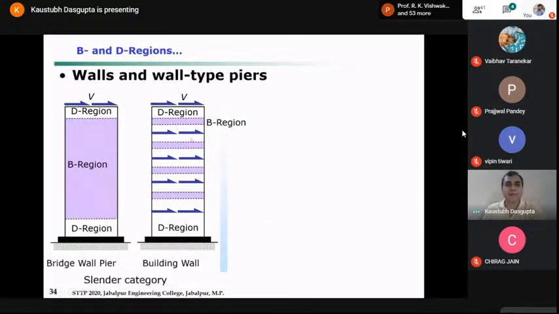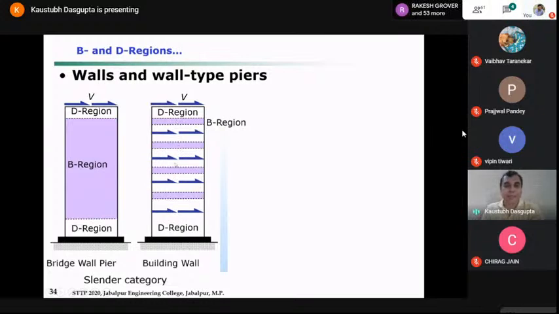Whereas in a building, when the wall has attachment to the floor slab at different levels, at each of these levels forces are transferred from the floors. So all those regions will become D regions, and you get a very small intermediate region as B region.